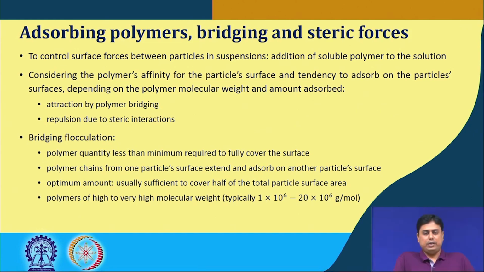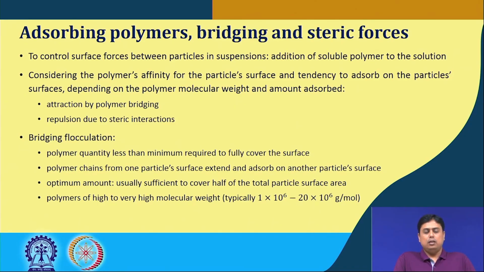Now, how does it happen? Depending on the amount of polymer being adsorbed and its molecular weight, we can have attraction or repulsion. Attraction happens by polymer bridging, and the repulsion happens due to the steric interactions. So, coming firstly to the attraction part, this is called bridging flocculation.